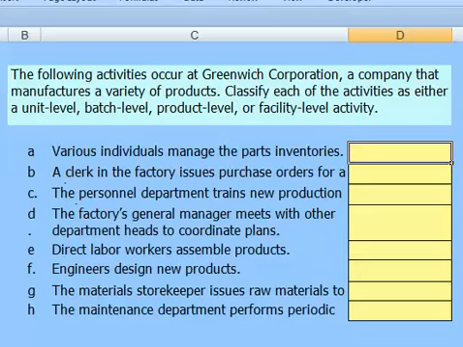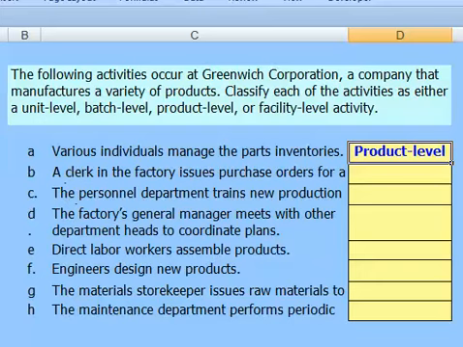Let's consider some examples. The following activities occur at the Greenwich Corporation, a company that manufactures a variety of products. Classify each of the activities as either unit level, batch level, product level, or facility level. Various individuals manage the parts inventories. That's going to be product level, because every product has unique parts to it.